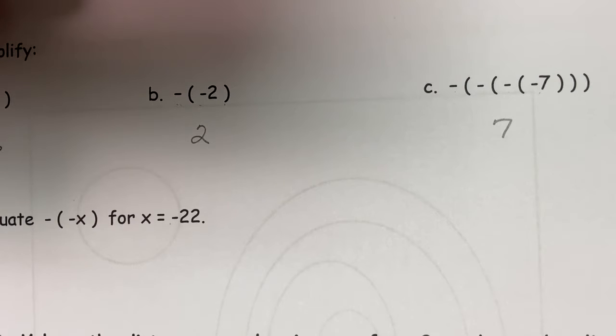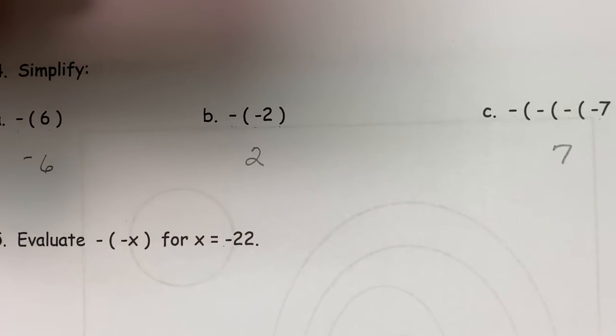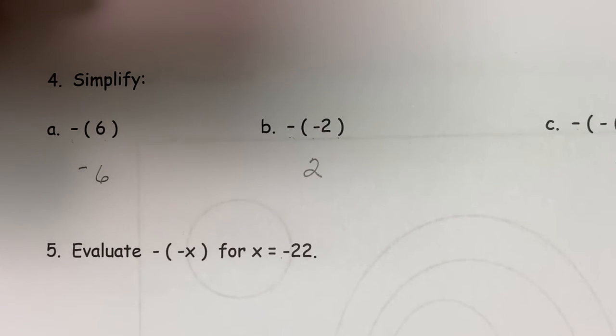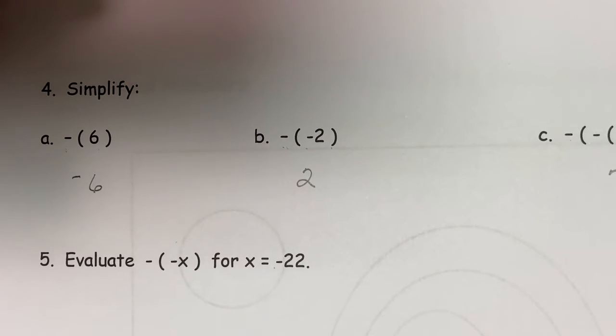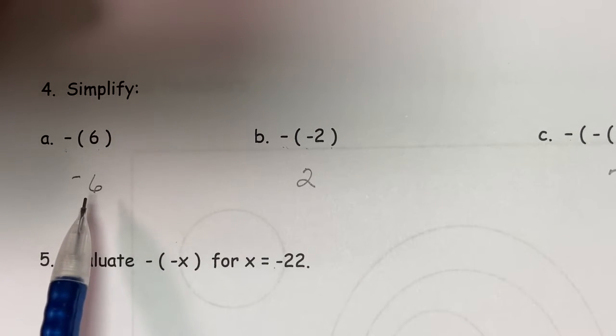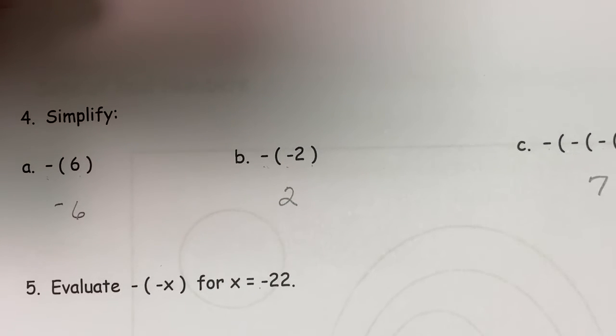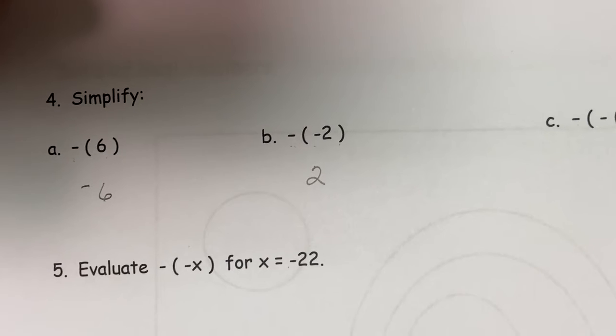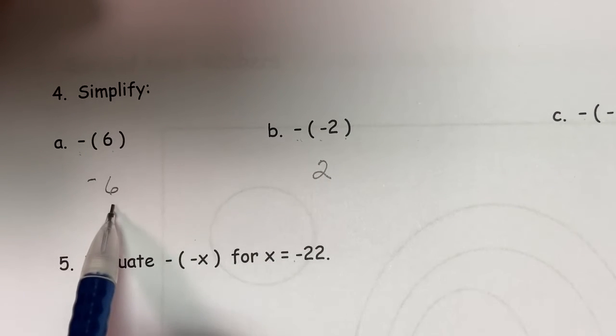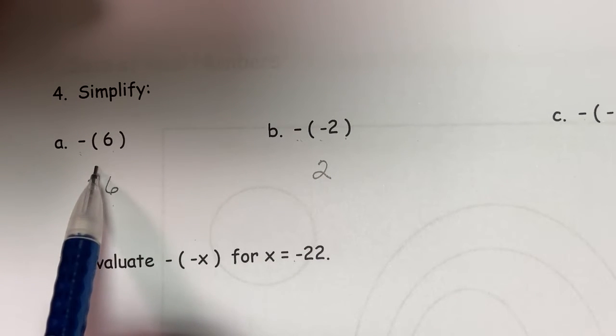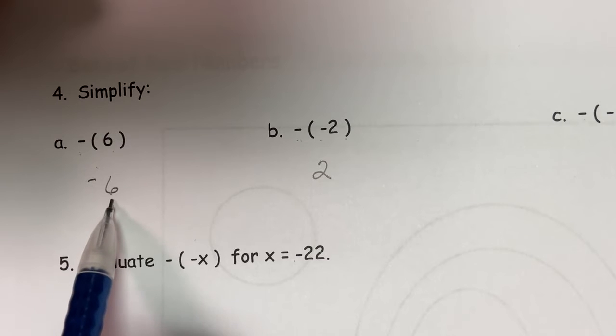Now here's a trick when you have all of these negatives in front. And you can see that this trick works for 4A, B, and C. If there's an odd number of negative signs, by odd number I mean 1, 3, 5, 7, 9, and so on, then your answer is going to be negative. Like here, there's 1 negative sign, 1's an odd number, the answer is negative 6.